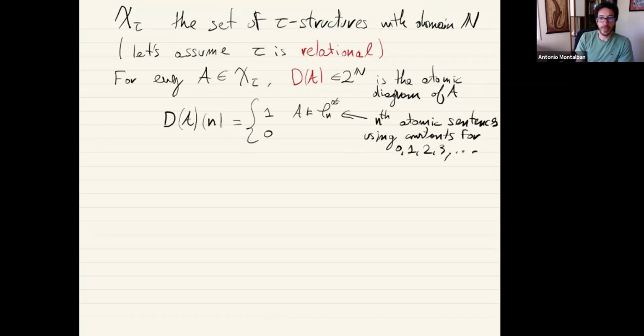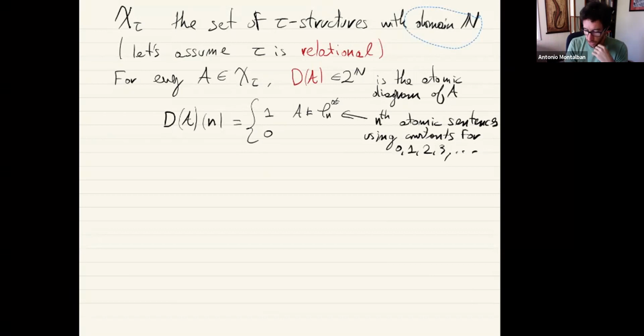So let me explain this a little bit. When you look at the diagram of a structure, you usually name all the elements of the structure. In this case, our structure has domain the natural numbers, so there is a standard way of naming the elements, given by 0, 1, 2, 3. Those are the names for your elements, right?